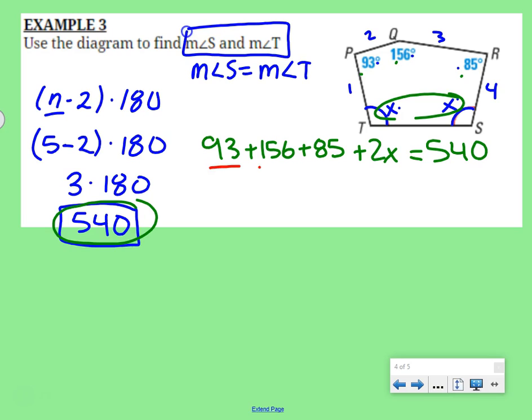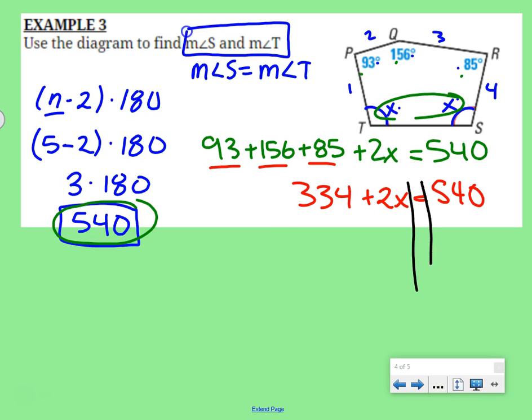Add like terms, 93 plus 156 plus 85 equals 334. Still adding 2x equals 540.